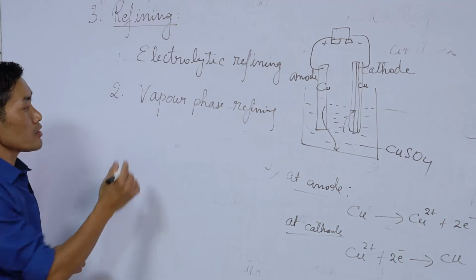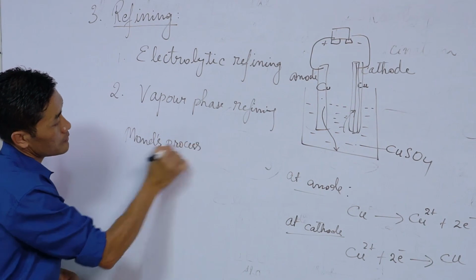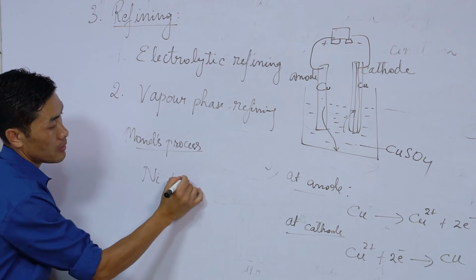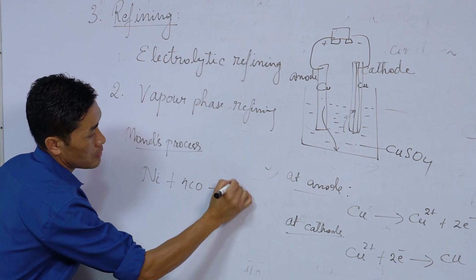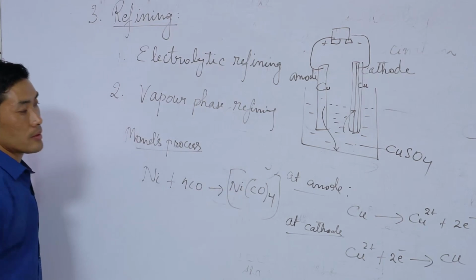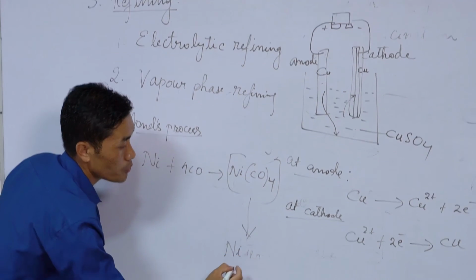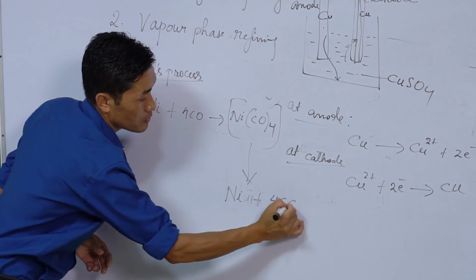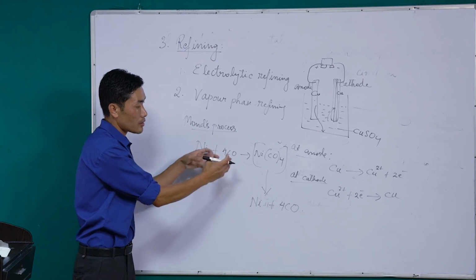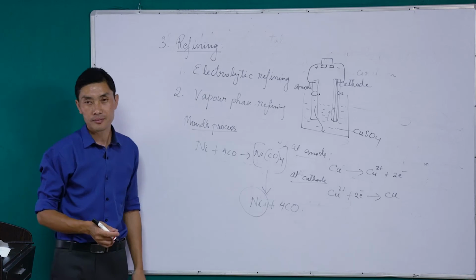For example, in Mond's process, nickel is converted to nickel carbonyl, which is then heated at a higher temperature to give back the pure metal. So as the process takes place, the impurities are left behind in the solution, and we obtain the pure metal.